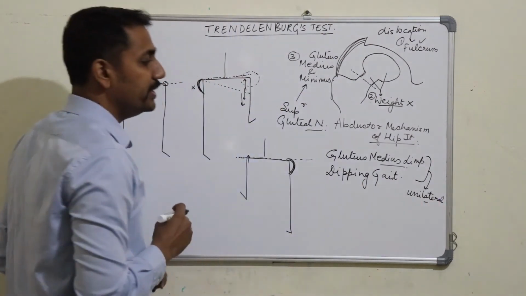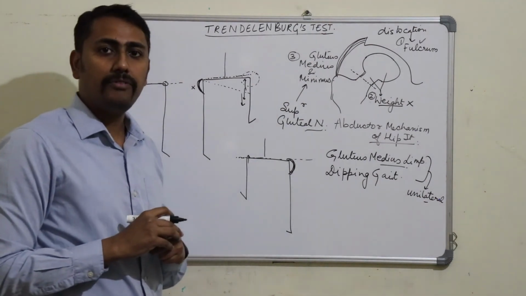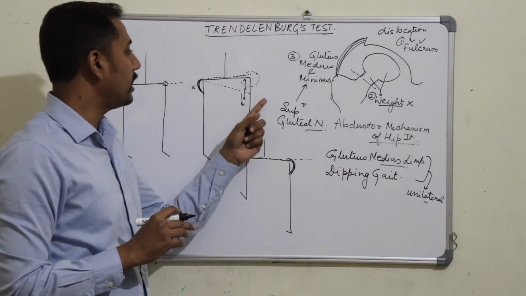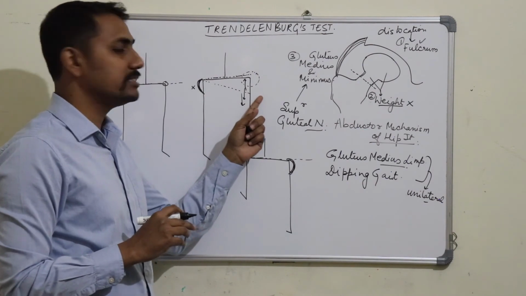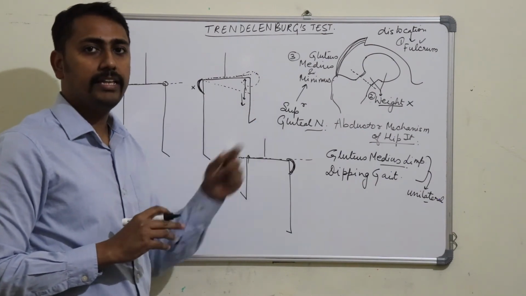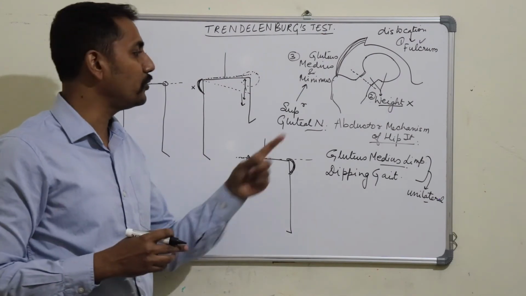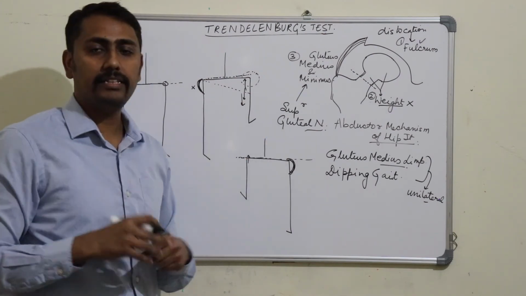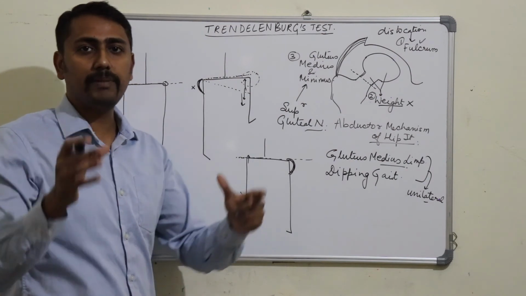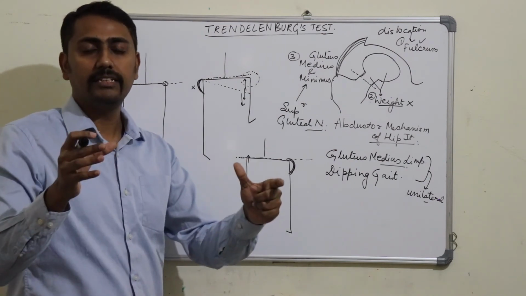Now, when the abductor mechanism gets disrupted on both sides, or you can say there is paralysis of the gluteus medius and minimus muscle, or injury of the superior gluteal nerve on both sides, there is alternate sinking of the pelvis on both sides.